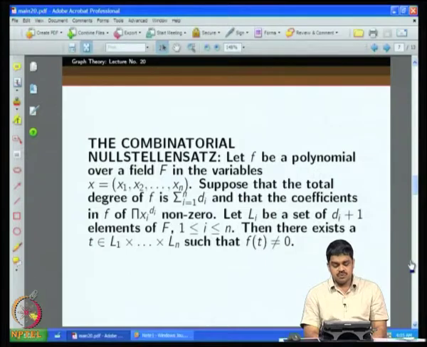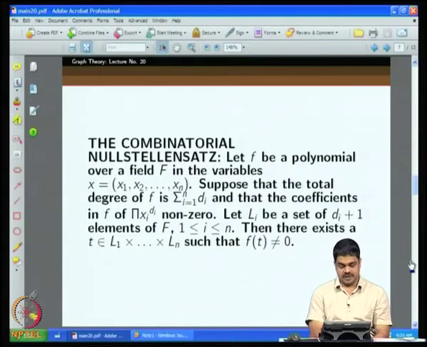So, what we are going to do is, we have to pick up a list L i for each variable. For x i we will have a list L i, so that we want to pick a value from this list for x i, and the cardinality of L i will be d i plus 1, that is the relevance of d i.